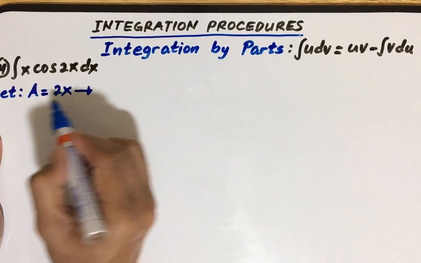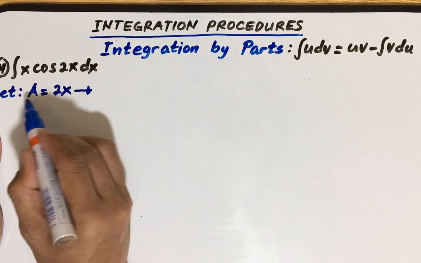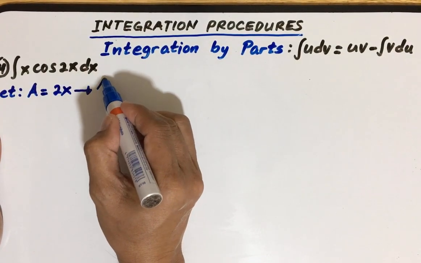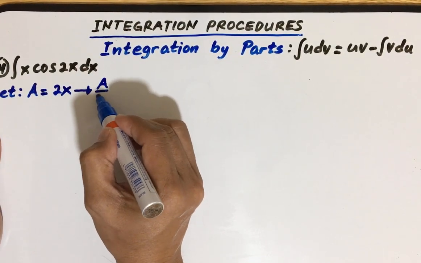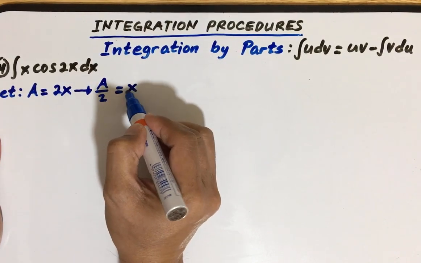So we can solve x by dividing both sides by 2. So a divided by 2 equals, on the right side, 2x divided by 2, which is x.